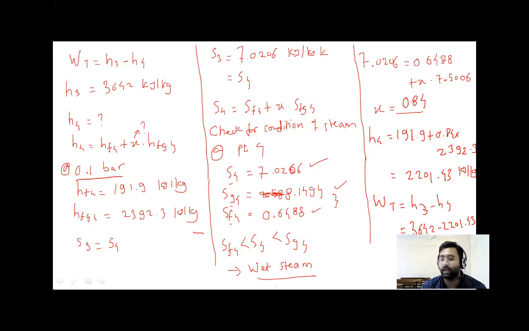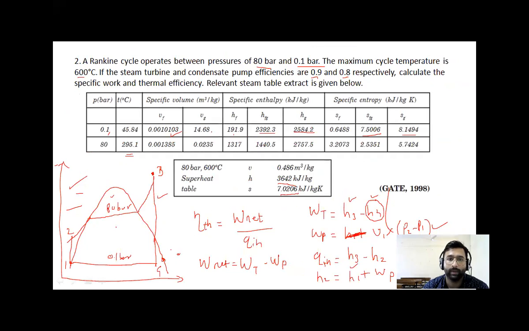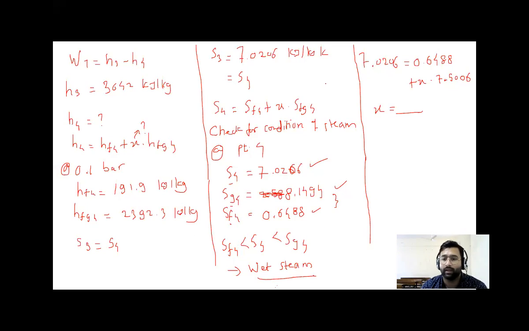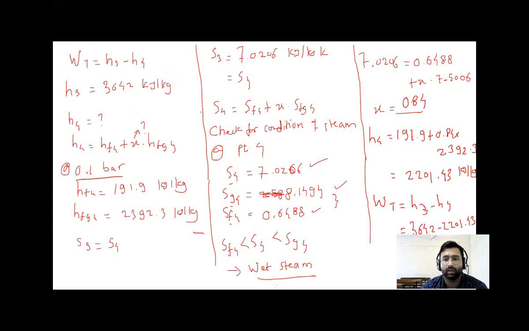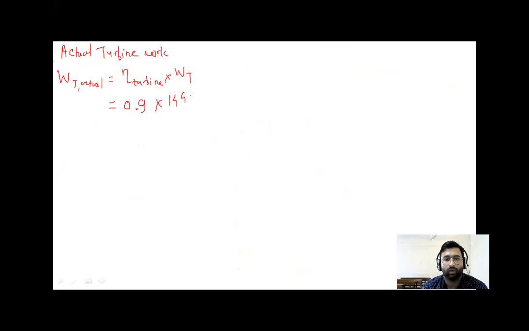This is a theoretical turbine work, but they have given you the turbine efficiency, that is 0.9. That means there are 10% losses in the turbine. That also we have to consider. So actual turbine work, WT actual, will be equal to efficiency of turbine into turbine work. Efficiency of turbine is 0.9 into turbine work, which is 1440.57.